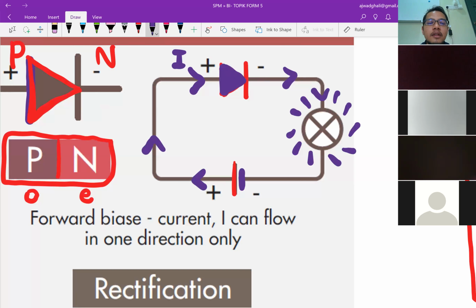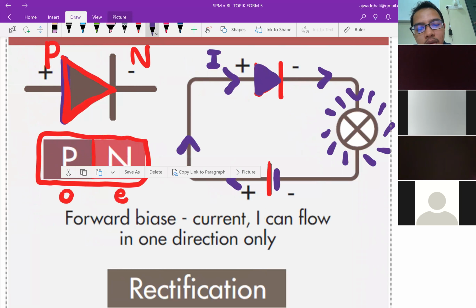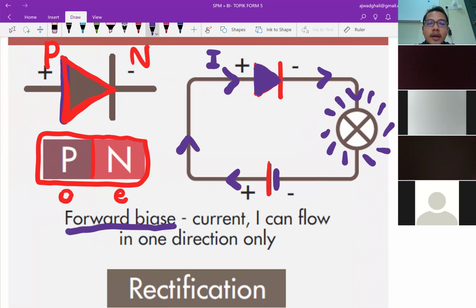This arrangement is called a forward bias. It's called a forward bias arrangement where a current can flow.